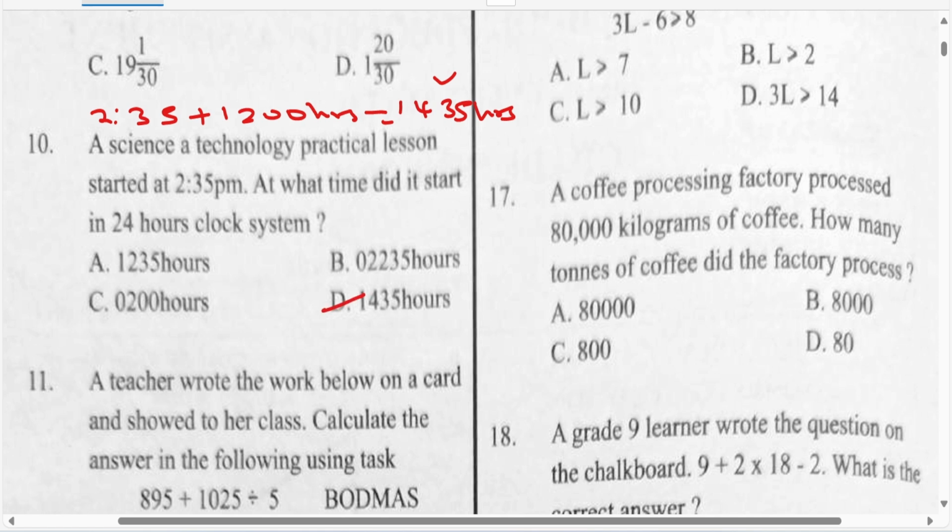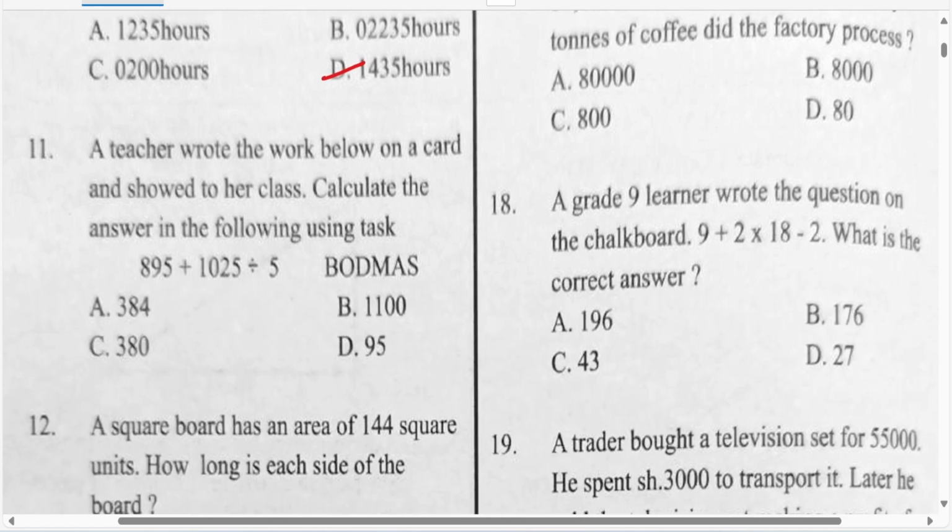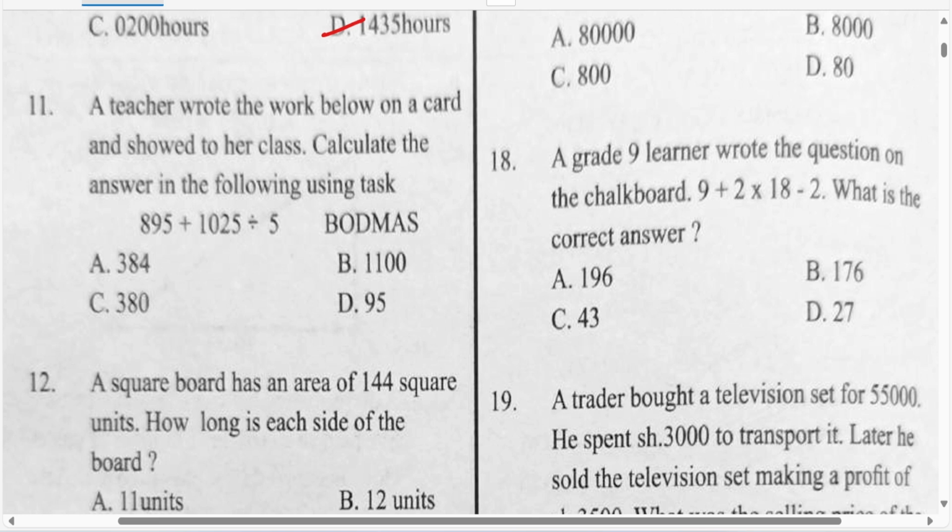So, question 11. A teacher wrote the work below on a card and showed it to her class. Calculate the answer in the following using BODMAS, which is board mass. So, 895 plus 1025 divided by 5. So BODMAS basically is just an order of addition, subtraction, division, all of those, an order of solving expressions.